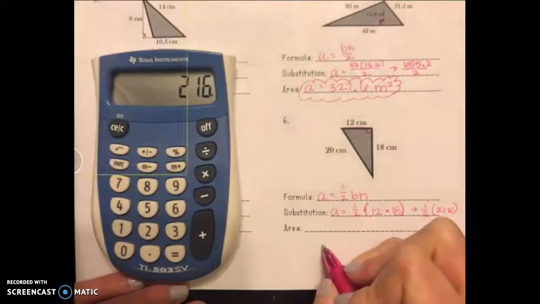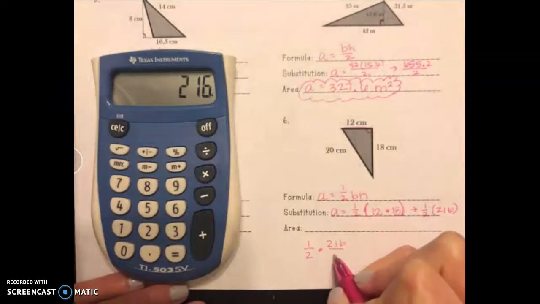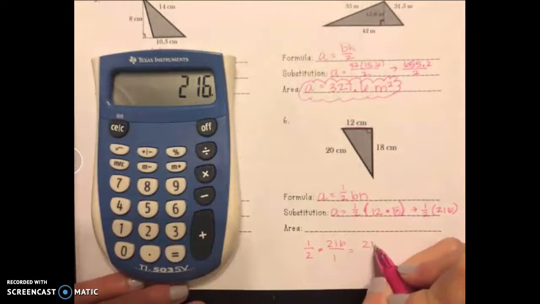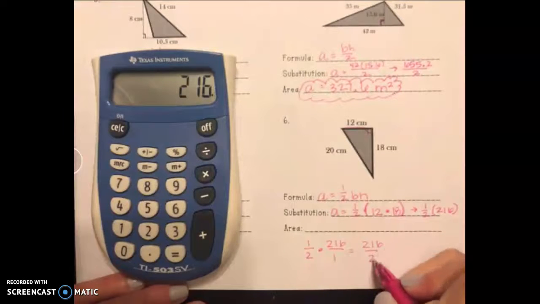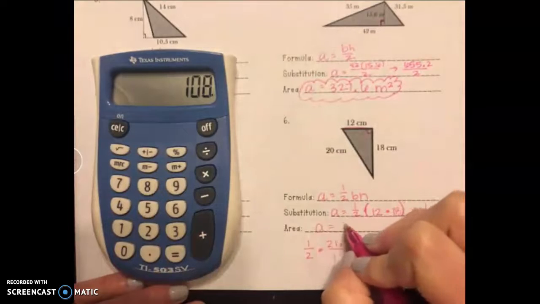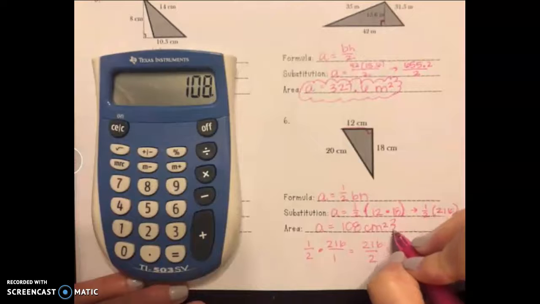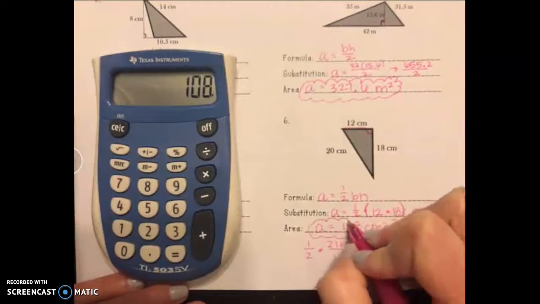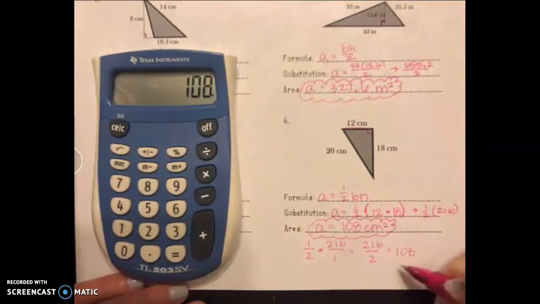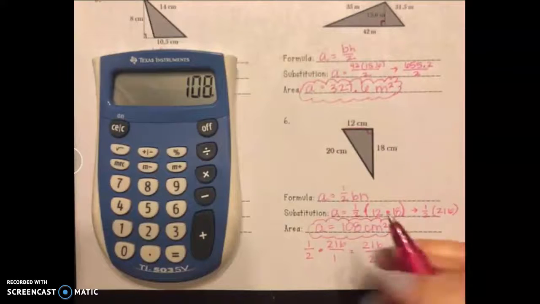And if you do that, you're going to have 1/2 times 216 over 1, which would be 216 over 2. And obviously, guys, you would just divide that. So see, it's really the exact same thing. So our area equals 108 centimeters squared. No matter what, you'll end up having it over 2, which again means divided by 2. It's just kind of a personal preference thing.